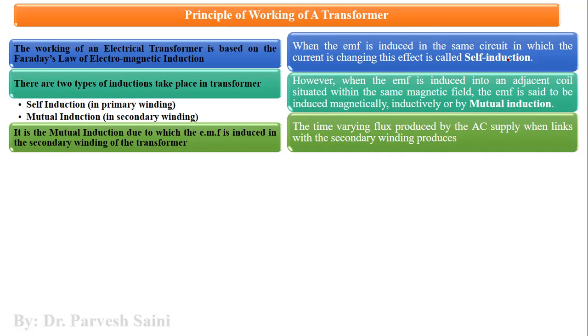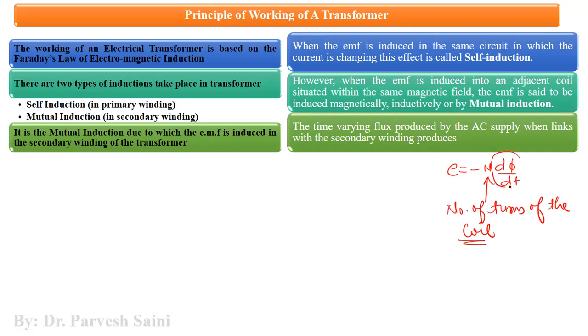So now this is what I was talking about, because the conductors in a transformer are static, how are we getting that d phi by dt? Because as per Faraday's law of electromagnetic induction, E is equal to minus n d phi by dt, where this n is the number of turns of the coil, right?